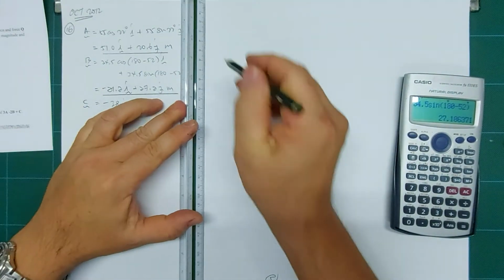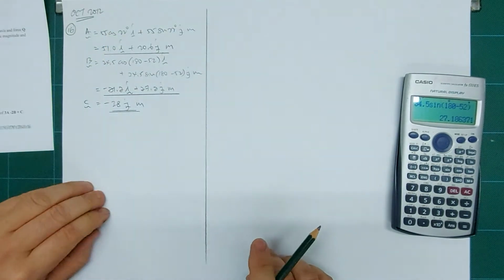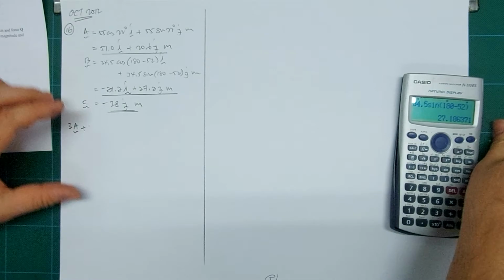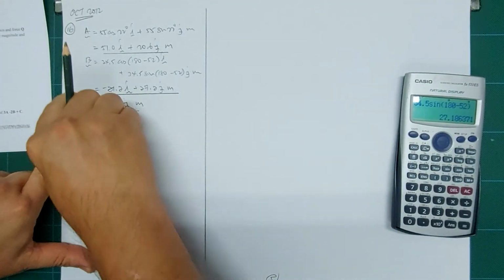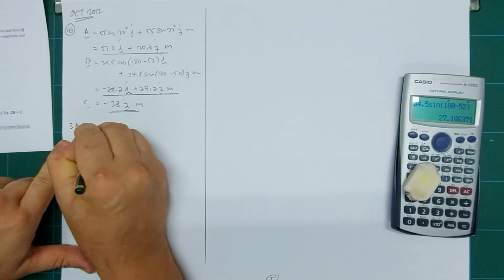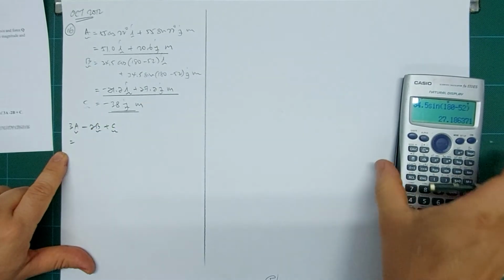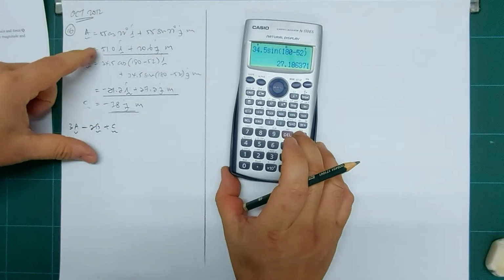Next, we just need to calculate 3A minus 2B plus C. So we can straight away sum up their i value.